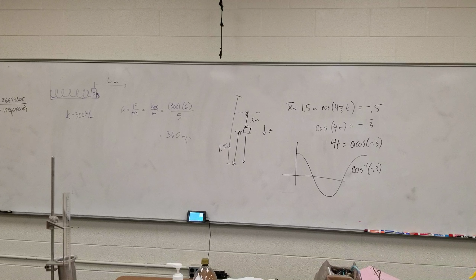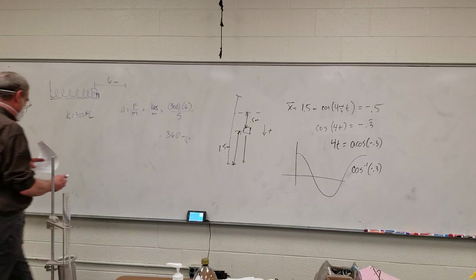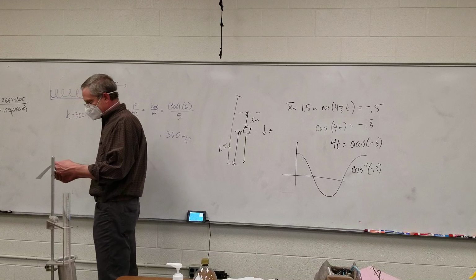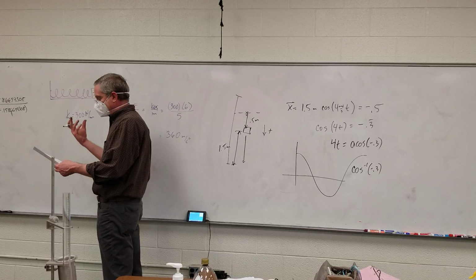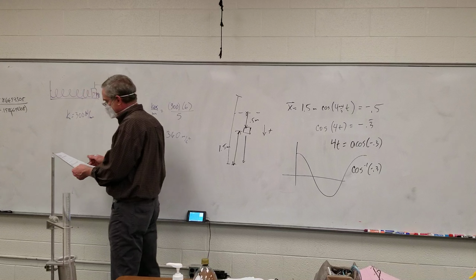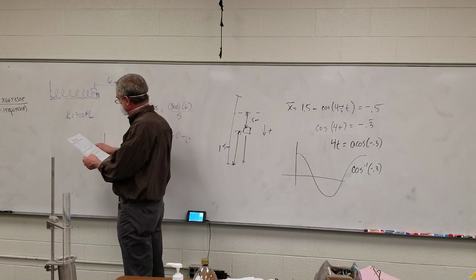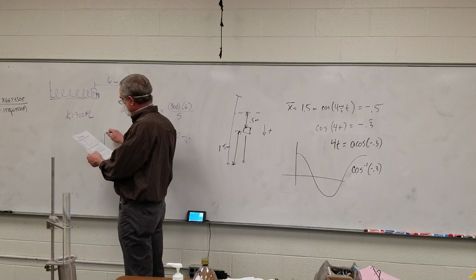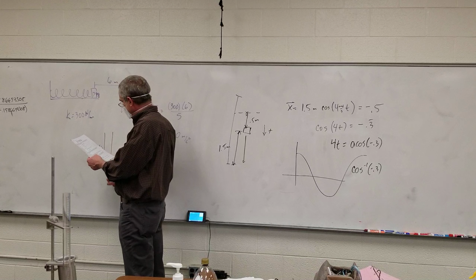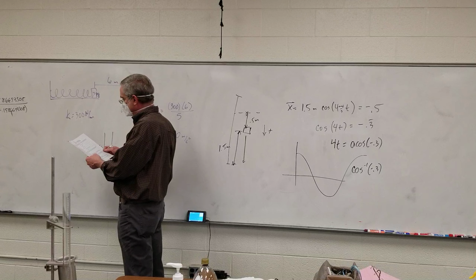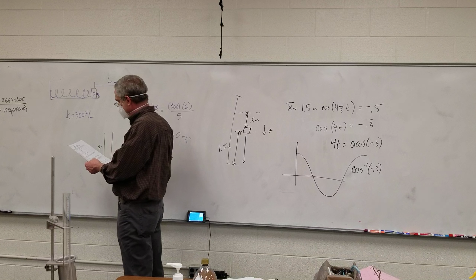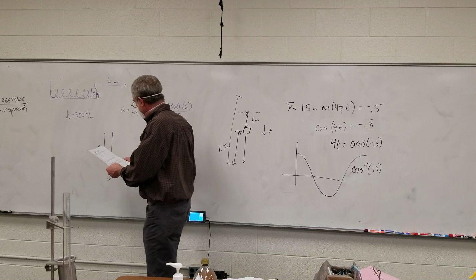Yeah. Please, thank you. All right, so the problem takes place near the surface of Earth. This gives us that we know the value of g if we need it. All right, so initially I gave an initial position. Then I put a huge mass on it and gave a final position. Then I asked for the spring constant.